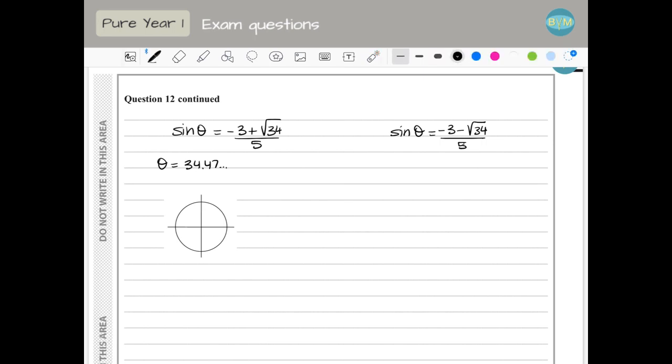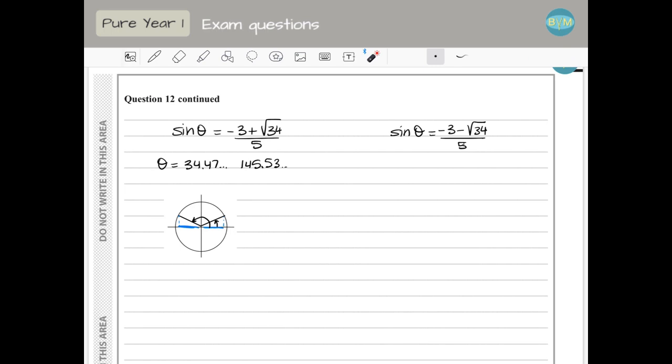34.47 is an angle in the first quadrant, and I'm talking about sine. So I'm looking for another angle that has the same sine, which is always 180 minus the angle. So 180 minus 34.47 is 145.53.